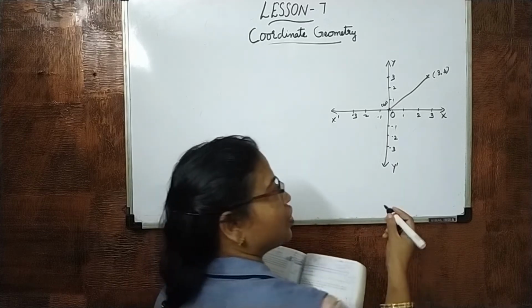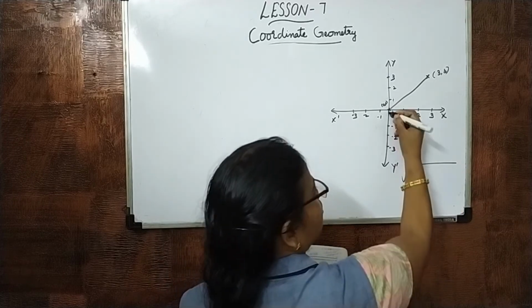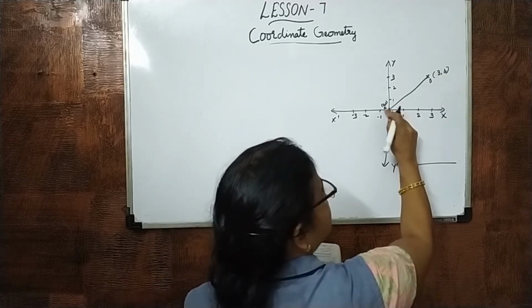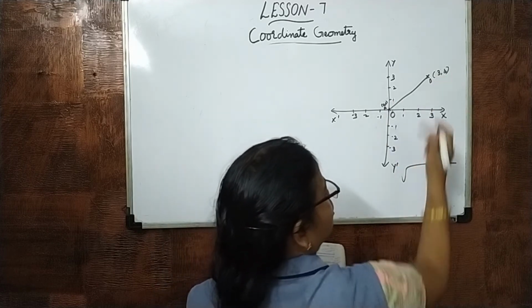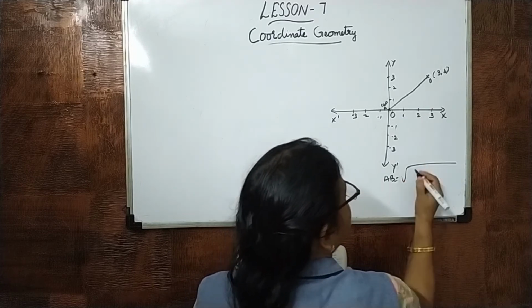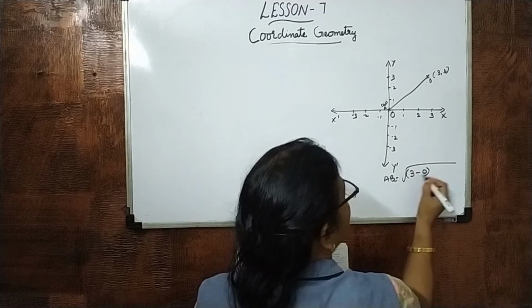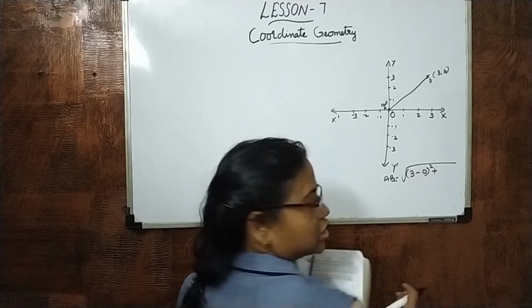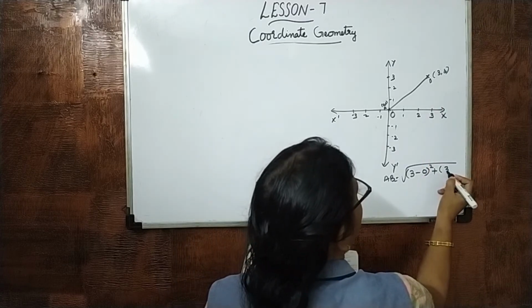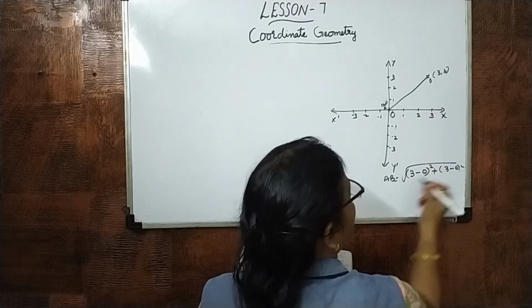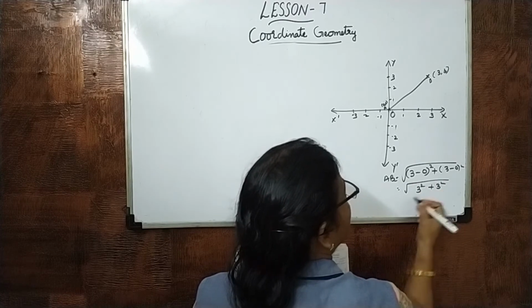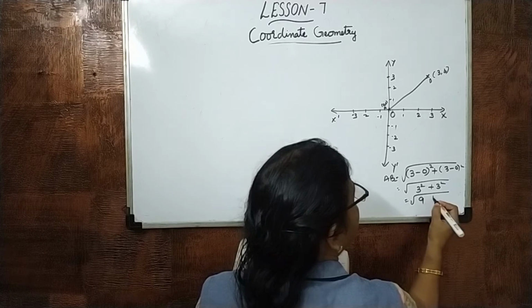Suppose here it is A and here it is B, with x1, y1 here and x2, y2 here. So AB equals root of 3 minus 0 the whole square plus 3 minus 0 the whole square. That means 3 square plus 3 square. You will get 9 plus 9.